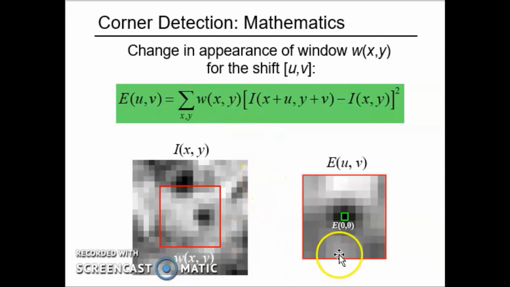And if you can see, as we displace the window upwards, this energy is large over here. And if we displace this window in this region, the vertical displacement causes a very large value of this energy. So this is why we have a bright region over here, and this region is dark over here because we are basically calculating the change in intensity by inducing zero shift, which obviously is going to be 0.